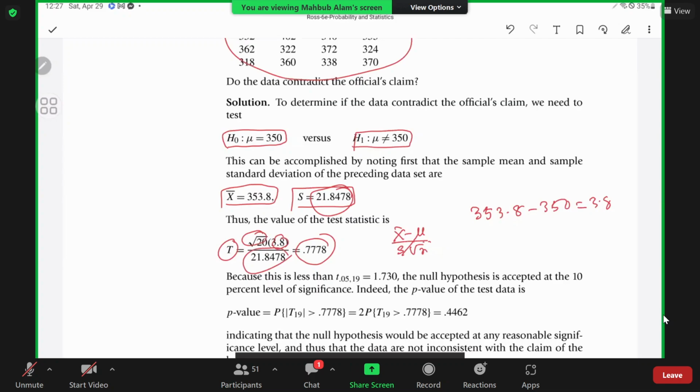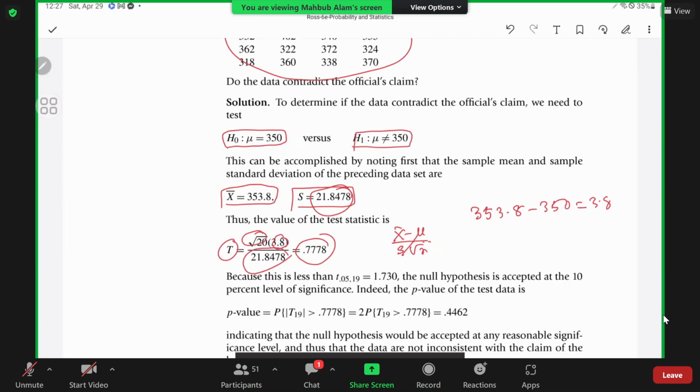Here the variance is given by n minus 1. Actually, instead of writing it this way, we prefer to write the variance as sp square times 1 by n plus 1 by m.